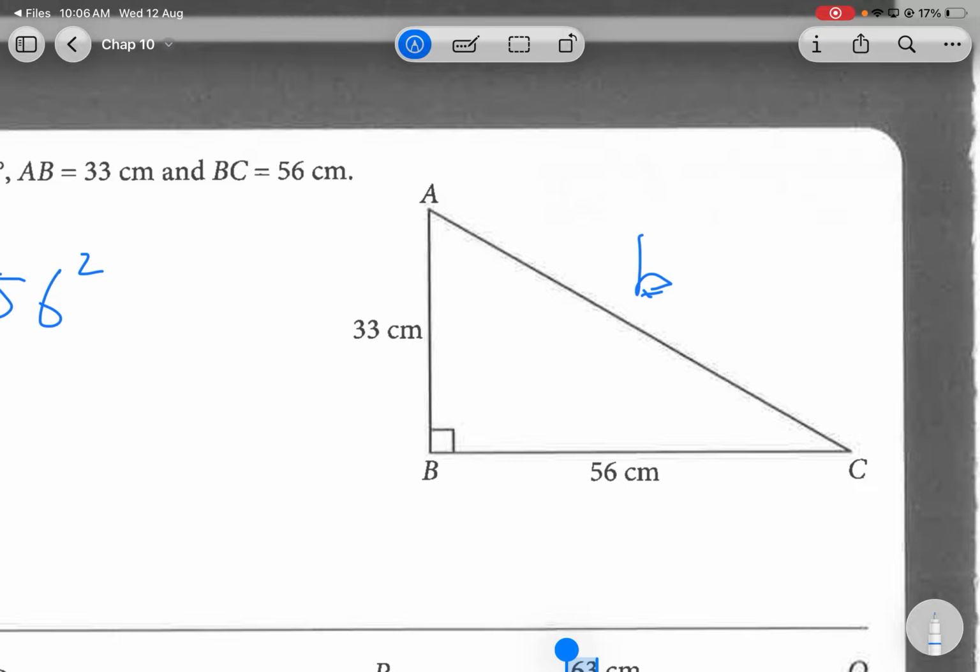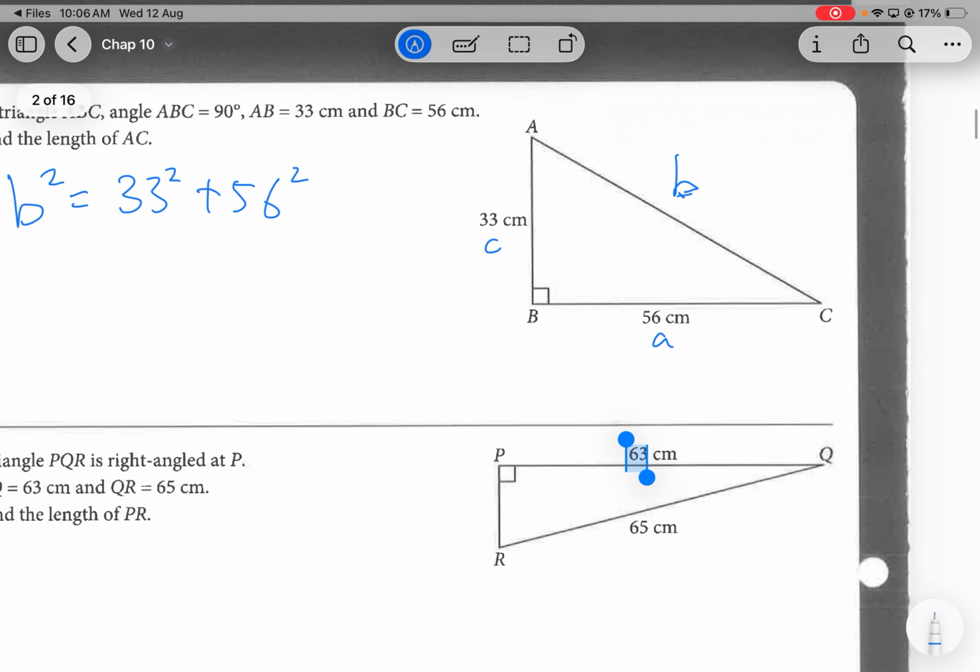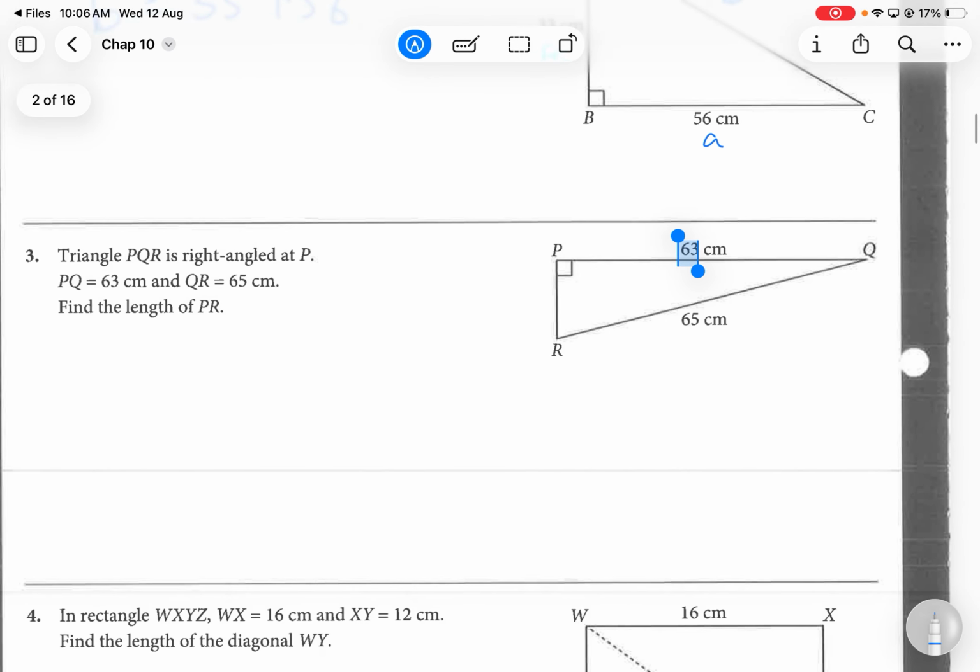This corner is B, I call this B. So if I want to call this 56, I will call this small a. If I want to name the 33, I will name it small c. You don't write it like that also can, but this is normally what people will name. Next year you will find more formulas, they will name it like that also.